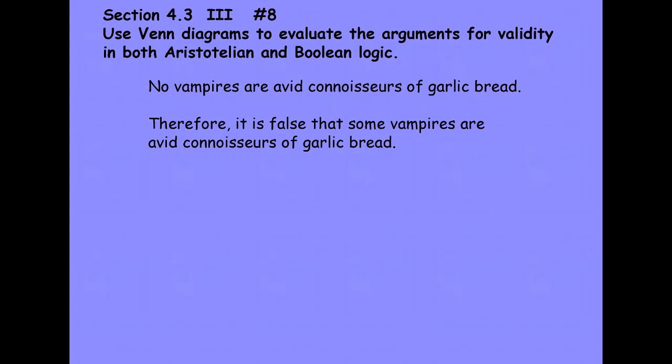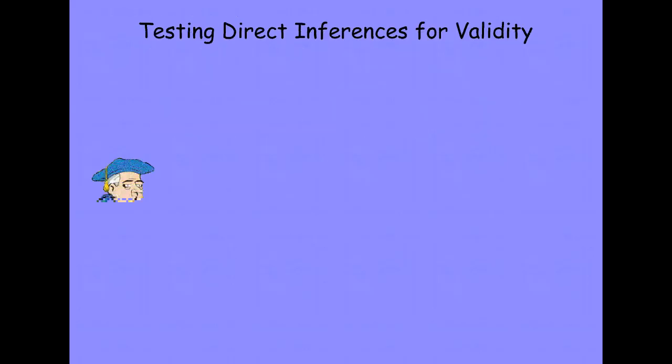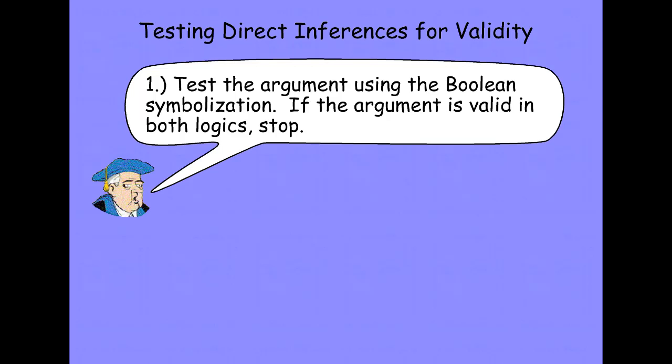Before we start on our Venn diagram technique, let's briefly review our step-by-step process, our effective decision procedure for determining validity for direct inferences in categorical logic. The first thing we do is draw a premise diagram and a conclusion diagram.